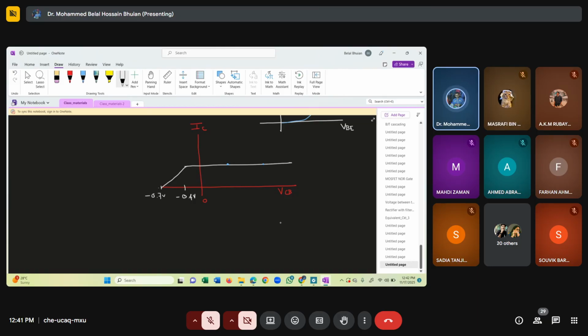We have already seen this thing for MOSFET. So we can have two regions. On the left hand side, when the current is increasing, we call it saturation. And on the right hand side, when current remains constant, that is our active region.